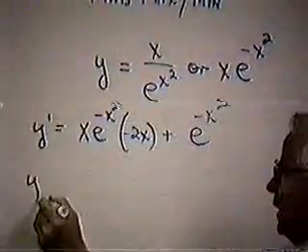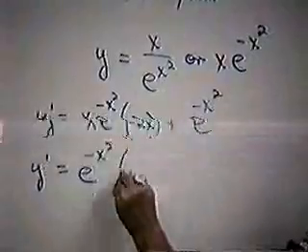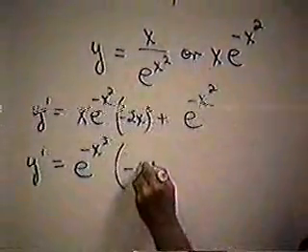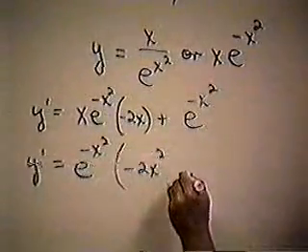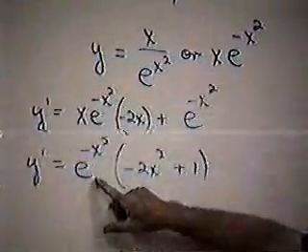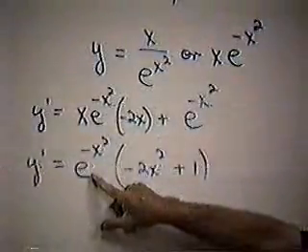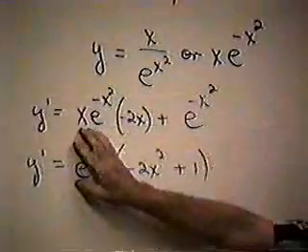So you're going to factor e to the minus x squared out, and what you get is a minus 2x squared plus 1. This part will never give you a maximum, minimum, or a point of inflection. So you don't even worry about setting that equal to 0.